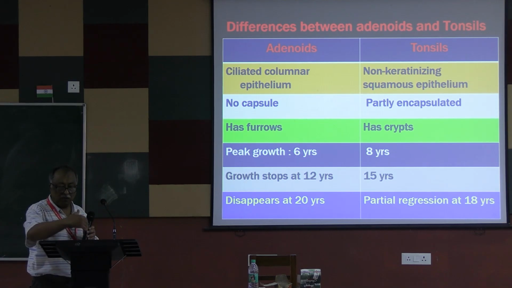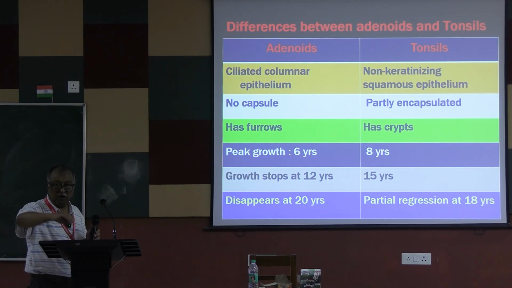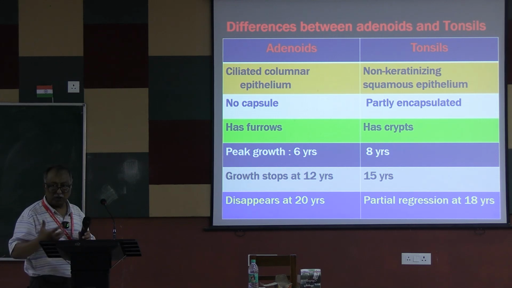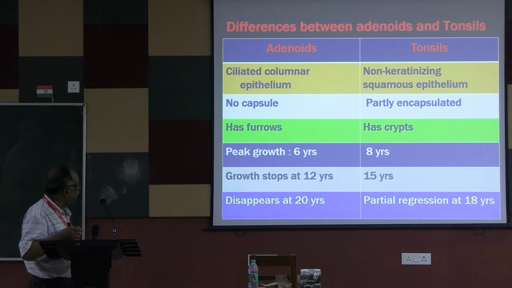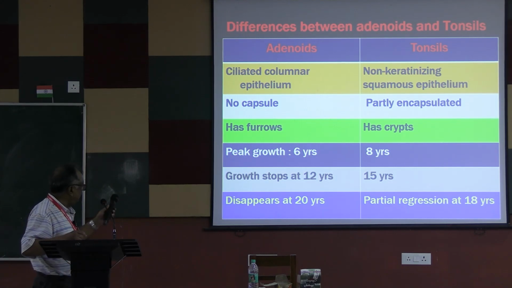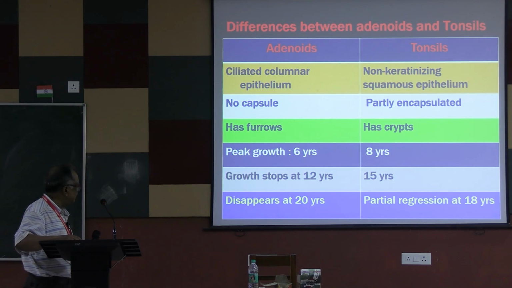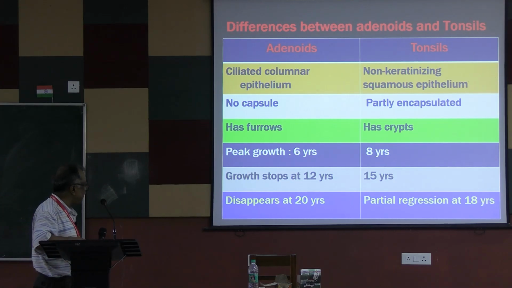If it is just covered by epithelium, versus folded epithelium, if you elongate that epithelium the surface area is increased and absorption is more of whatever comes from the atmosphere, from outside, any bacteria, any immune protein, due to the crypts or the furrows. And the peak growth is at 6 to 8 years, it stops at 12 to 15 years, and disappears by 20 years, partially, but that's not true for everyone.